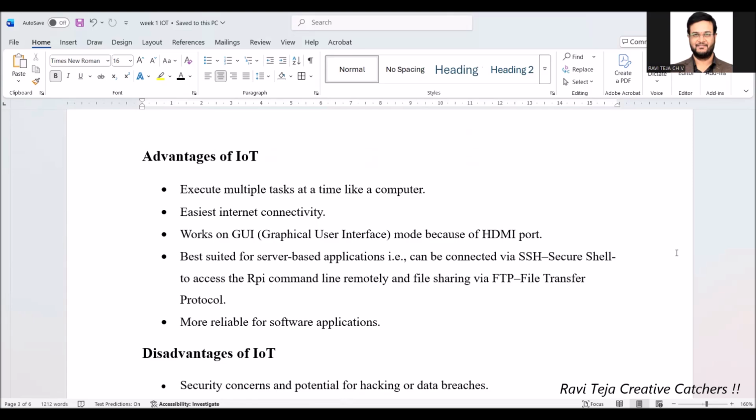Now, the fourth advantage is that it is best suitable for server-based applications. It can be connected via SSH, secure shell, to access the Raspberry Pi command line remotely, file sharing can be done via file transfer protocol, and it is also more reliable for software applications.